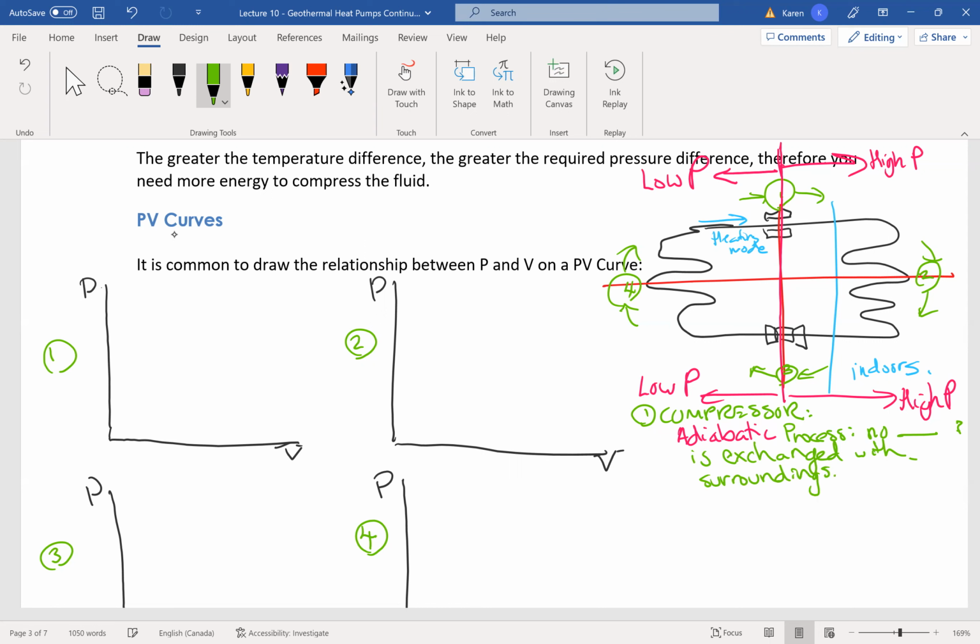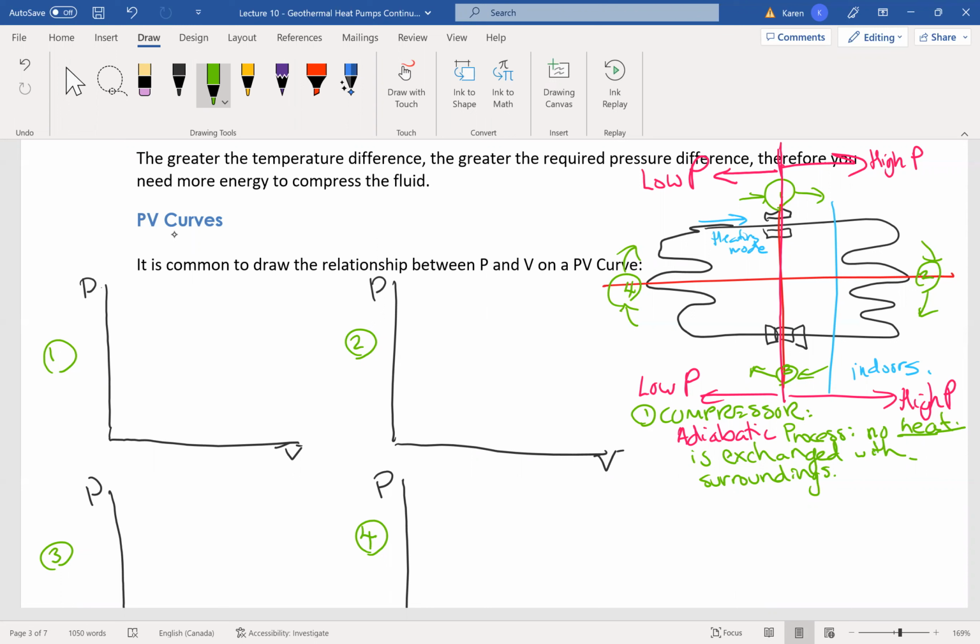No what? And this is not on the exam, okay? I'm not going to ask you what adiabatic means on your exam. I'm going to ask you to apply this. I'm assuming it's heat. Yeah, exactly. So thank you so much. No heat is exchanged with the surroundings across the compressor, okay? Because we don't want it to. I mean, some heat does get exchanged, but we don't want it to.